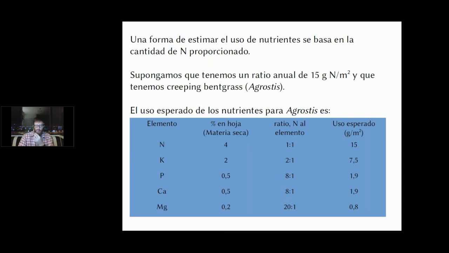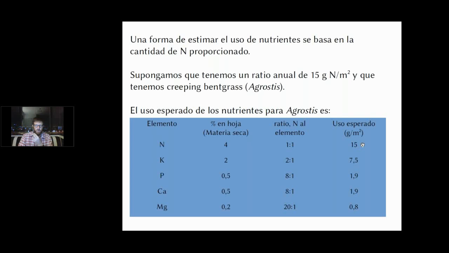If we have that quantity of nitrogen supplied to agrostis, then that puts an upper bound on the amount of nitrogen that the grass will use of 15. Because we have healthy grass, we want to make sure that the grass is supplied with enough of each nutrient to produce healthy grass, so we can look at what those normal nutrient ratios are in healthy bentgrass.